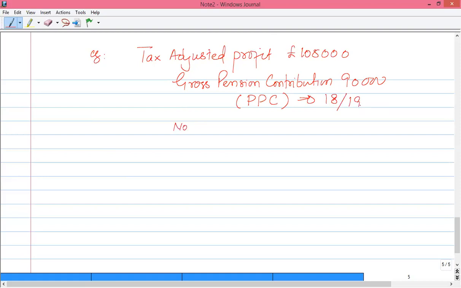There is no unused annual allowance. So that means we have only 40,000 allowance available. So let's calculate the income tax liability.